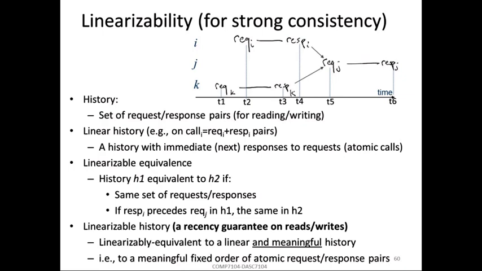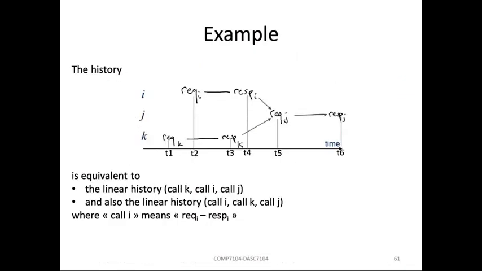That when it comes to single object read-write operations, and when such an object may be replicated, what is executed is a history that is linearizably equivalent to a linear and meaningful history, one in which, once again, all reads coming after a write operation see the value of that write.